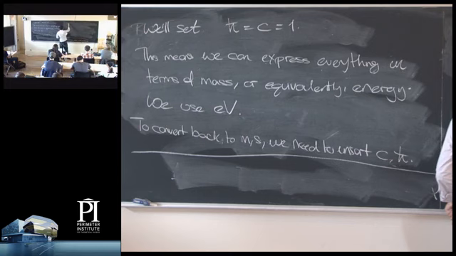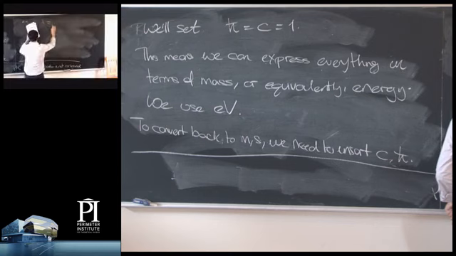Okay. So for example, we've seen one of these equations already. The Compton wavelength is basically the inverse of the mass. This is a length scale. This is a mass scale. If you work out what quantities you have to put in to get the units right, there's an h bar on the top and a c at the bottom, which is exactly what we saw before. So this is length.